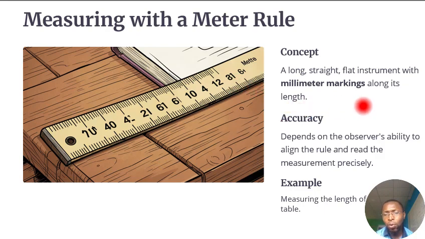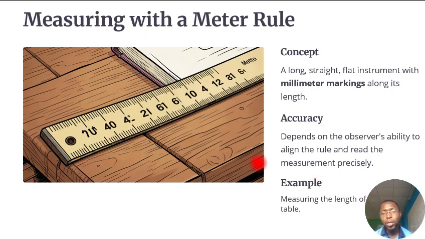Its reading accuracy is 0.1 centimeter, the least it can read. We call it least count or reading accuracy. We use it to measure the length of a table, the length of a field, and anything that is straight. You make use of a meter rule to measure.